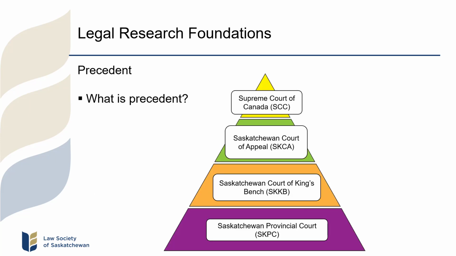Precedent means that the law develops as a case moves upwards through the hierarchy of the court system, and that a higher court can override or confirm the decision of a lower court in the hierarchy.